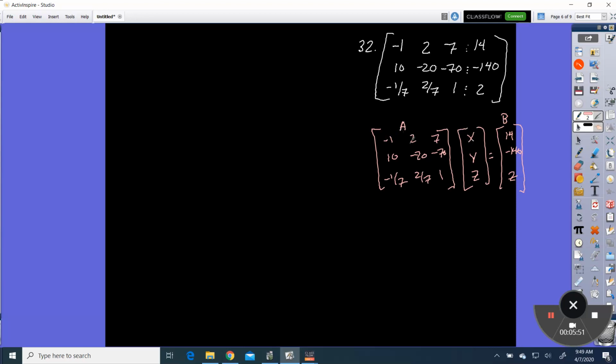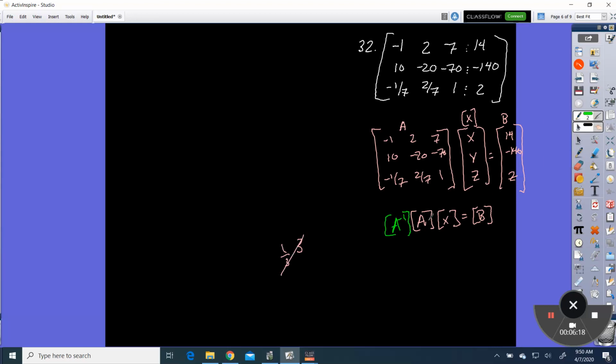Okay, so if I have A times, just to simplify things, put an X in here for our variable matrix. So I have matrix A times matrix X equals matrix B. Well, if I want to get this X alone, I need to multiply this by its inverse. You know how we had 3 and we multiply it by its inverse and those went away? So the inverse of A is A -1.